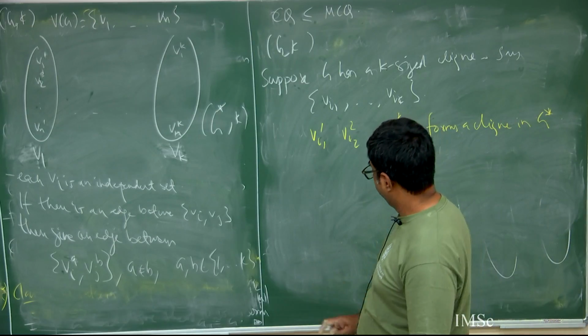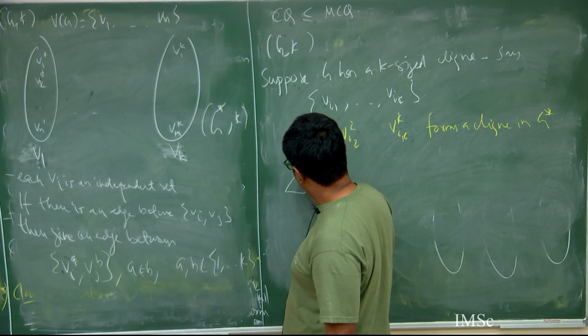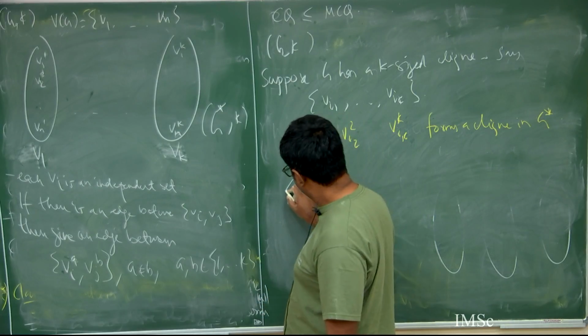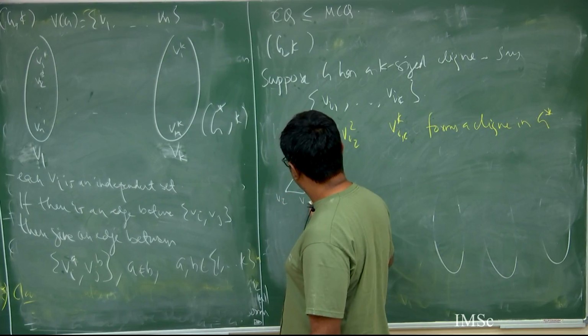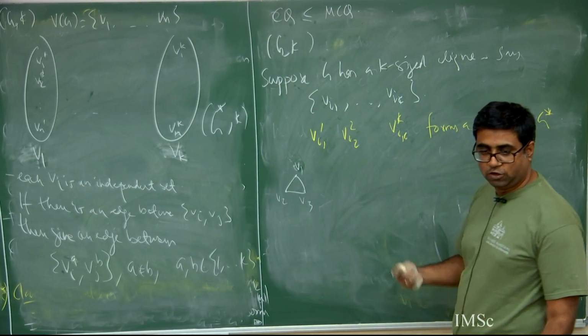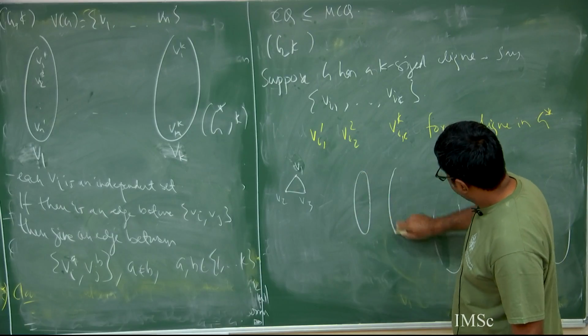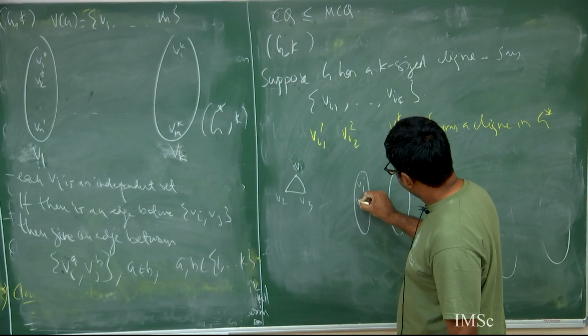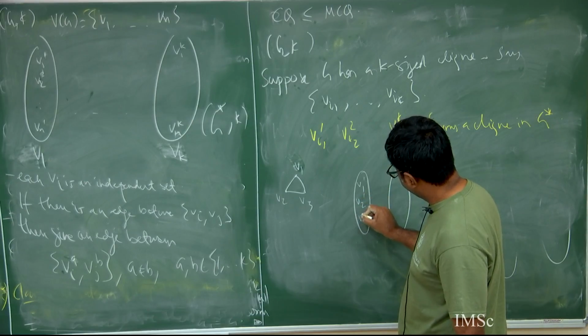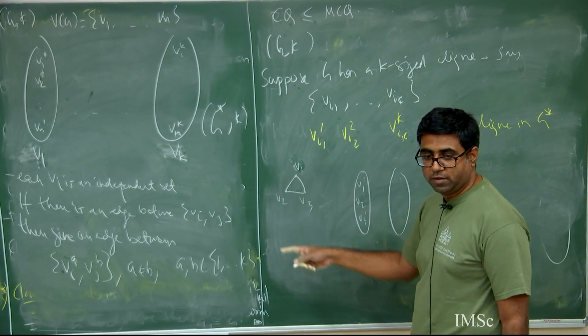Okay, so let's look at a 3 vertex graph. Let's call it V1, V2, V3, and suppose we had 2 partitions. So look at what I did. I said V1 1, V2 1, V3 1. So this is the first copy of the same vertex set.